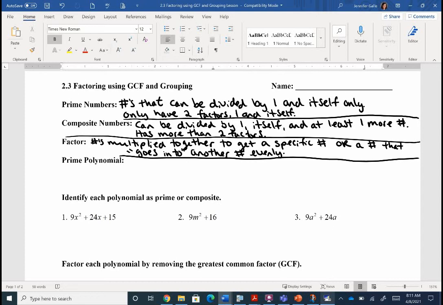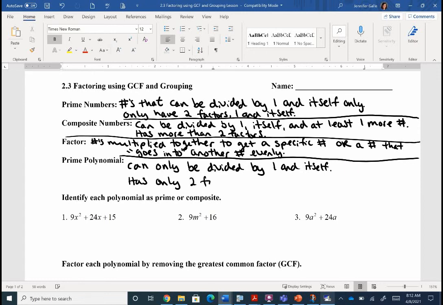It's a prime polynomial. I know you're like, okay, Miss Golly, when are we going to hit polynomials? We've been talking about polynomials all unit so far. A prime polynomial is similar to a prime number. It can only be divided by 1 and itself, or you could say has only two factors.